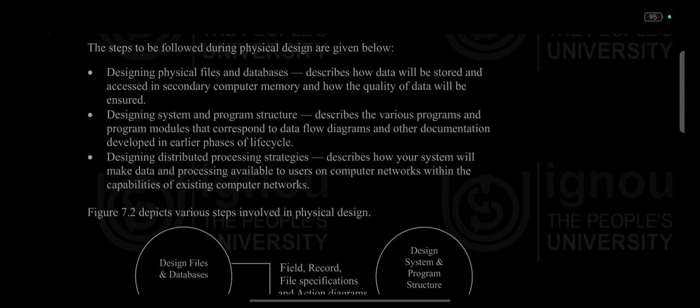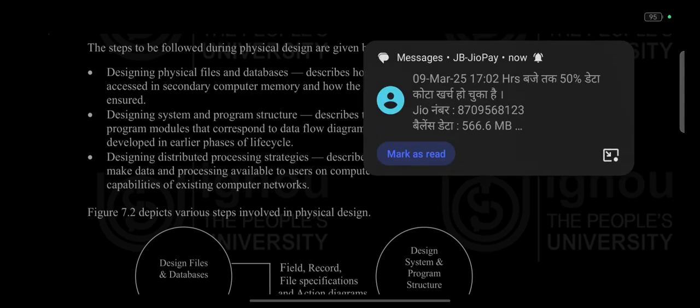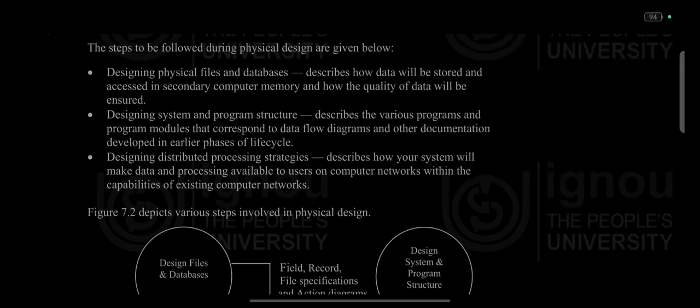Designing system and program structure describes the various programs and program modules that correspond to data flow diagrams and other documentation developed in earlier phases of the life cycle.